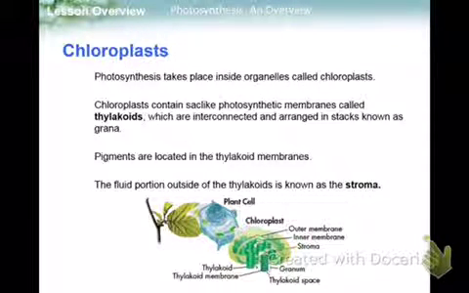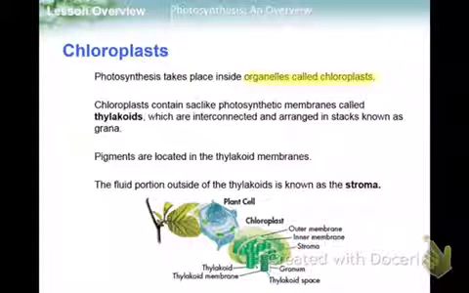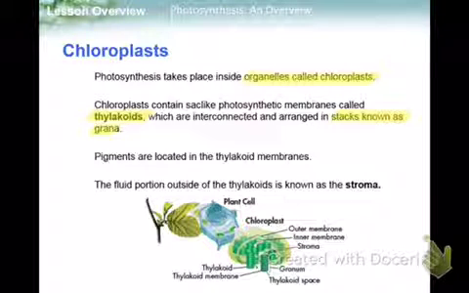Photosynthesis takes place inside specific organelles called chloroplasts within plants. Chloroplasts have two main parts. They have these stacks of little pancakes. The pancakes are called thylakoids, and they are stacked into structures called grana, and this is where pigments are located.